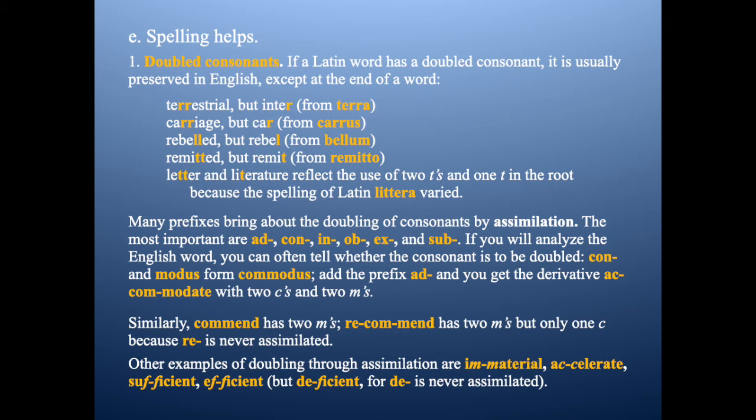No, it doesn't assimilate. There is only one F in the word deficient. Why? Because the prefix ends in a vowel, not a consonant, that needs to be assimilated. So deficient only has one F. Latin students know this automatically and never have problems with this spelling.